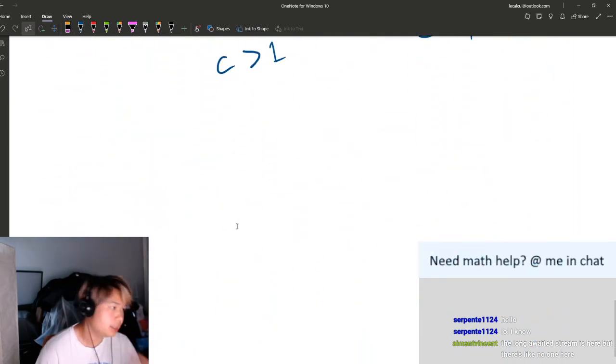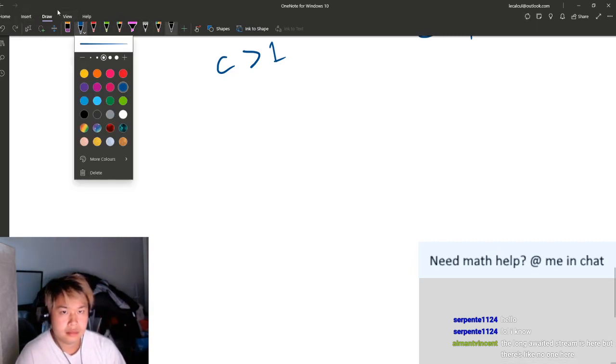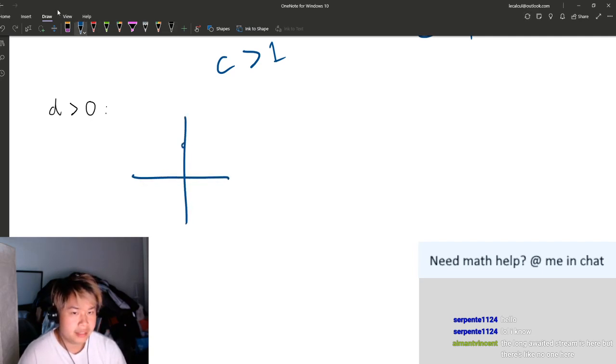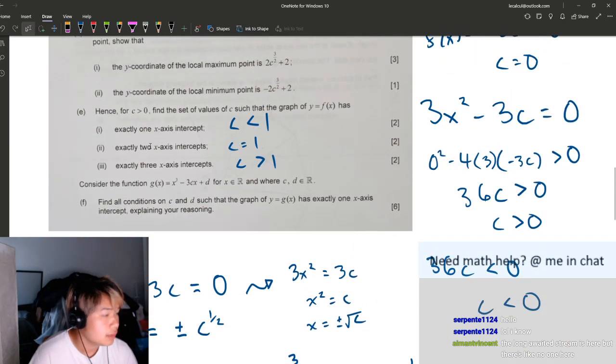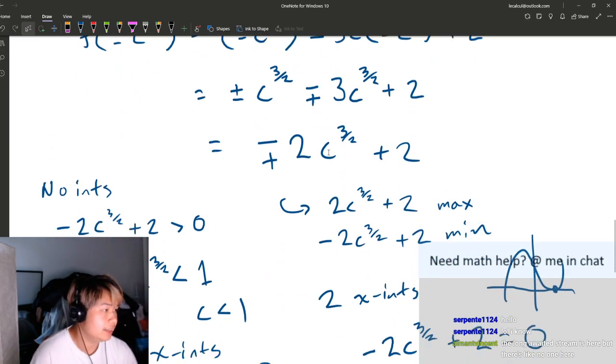So let's think about all the different scenarios of shapes that this cubic can make. So let's deal with first the situation where D is positive. In other words, we have a y-intercept above the x-axis. So if we want exactly one x-intercept, then we've already done that.